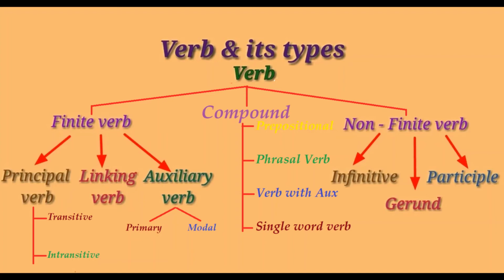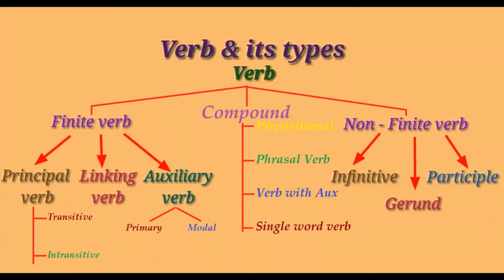So in the beginning, we have seen that there are two types of verbs: finite verbs and non-finite verbs. Finite verbs can be a primary principal verb, or it can be a linking verb or auxiliary verb. So we have seen about primary principal verbs. They can be of two types: static verbs or dynamic or action verbs.